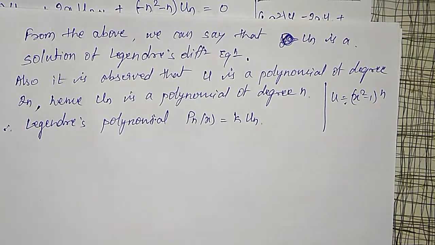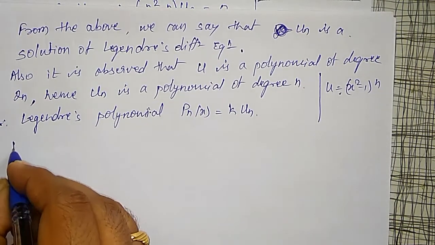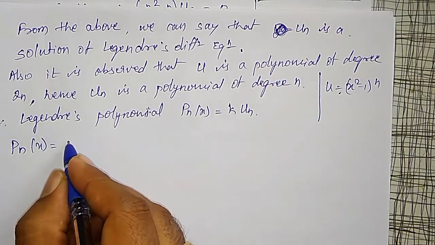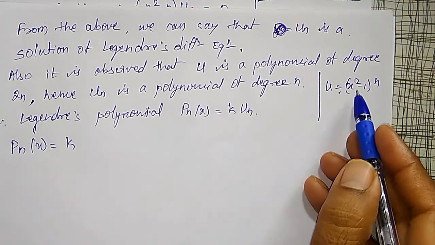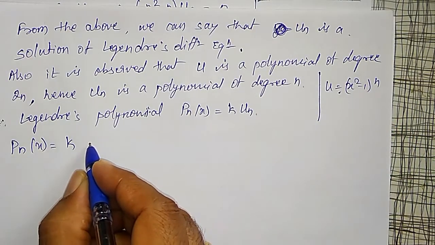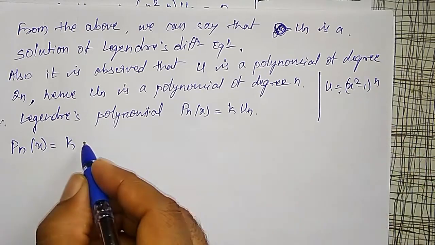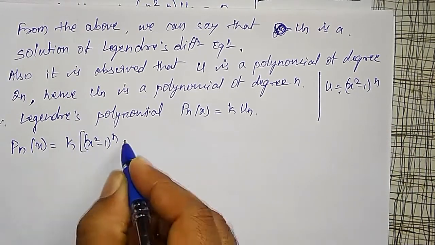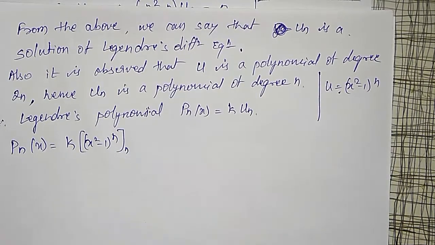Okay, let me find out this k. To find out that k, Pn of x is equal to k into the nth derivative of (x square minus 1) raised to n. Let me simplify this and find out the value of k.